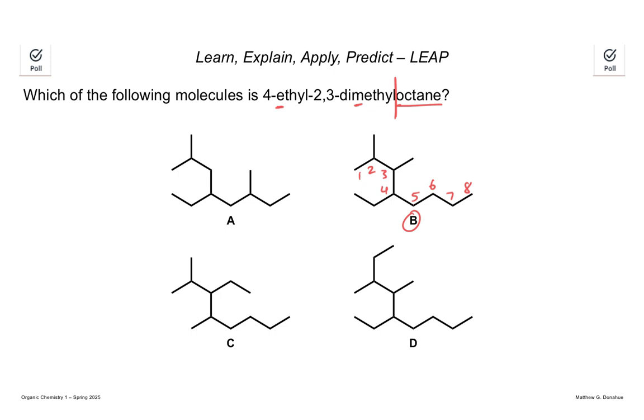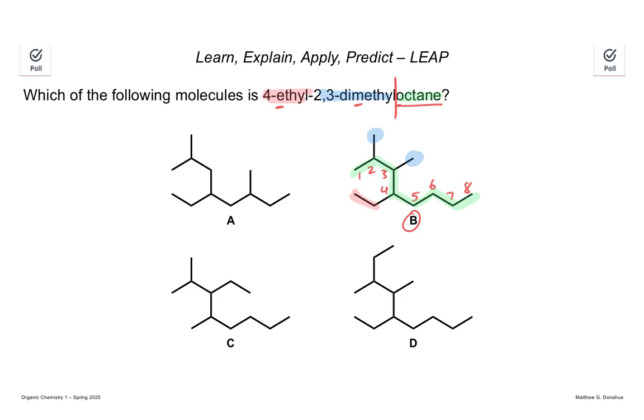So 4-ethyl, that's right there. 2,3-dimethyl, 2,3-dimethyl. And then octane, that's the longest chain.